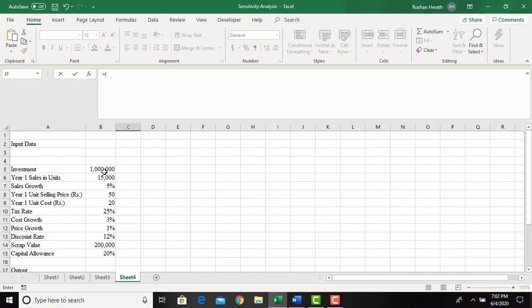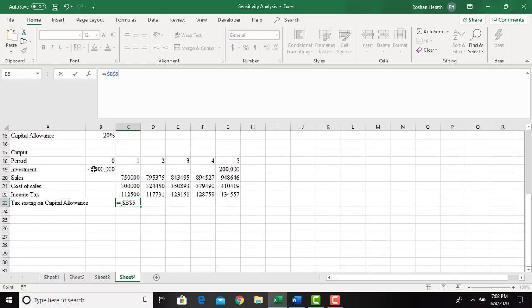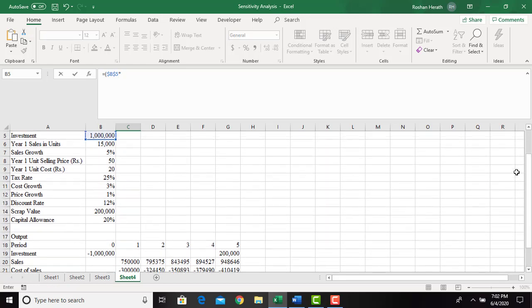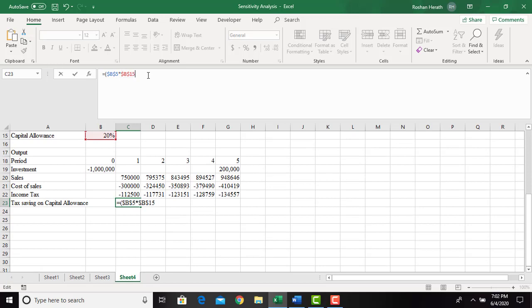Your initial investment is 1 million, so make it constant, and you may multiply it by the capital allowance. It is 20%, so make it constant, it is not going to change.